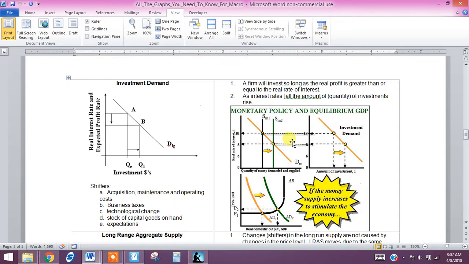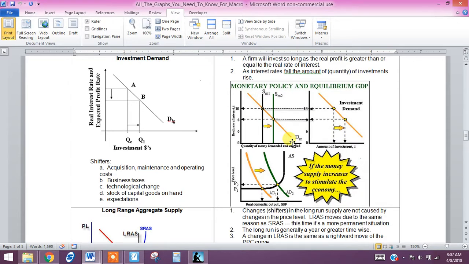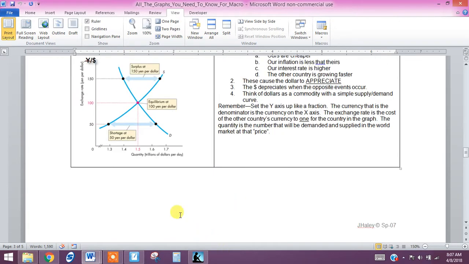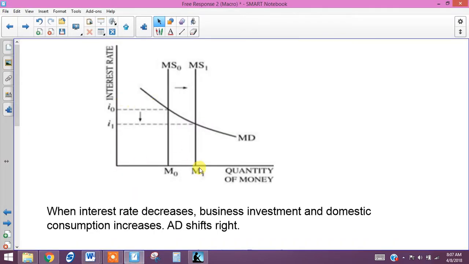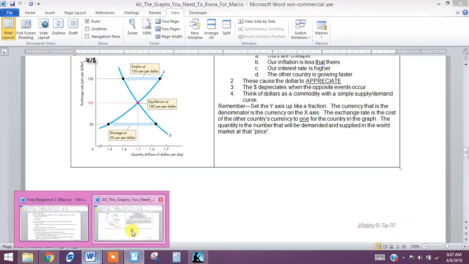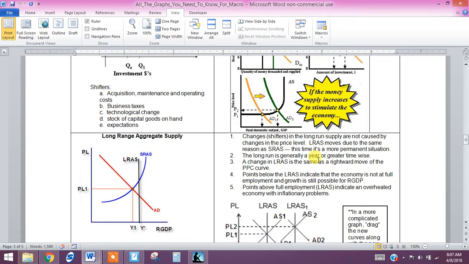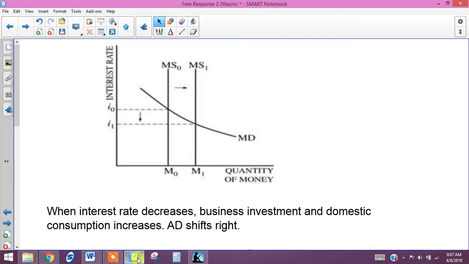It's over here, okay? So all the ones you need are here on this handout, which is going to be very helpful. The one we're going to draw is pretty much the same as this one. But let's go back to what we're doing, which is this graph right here.